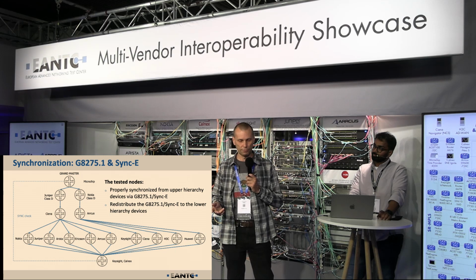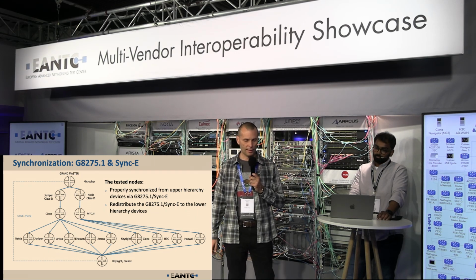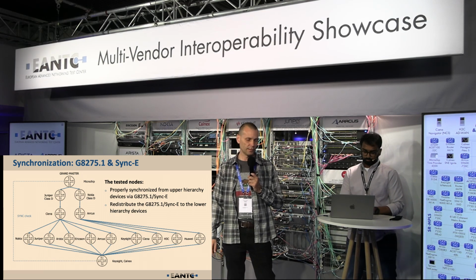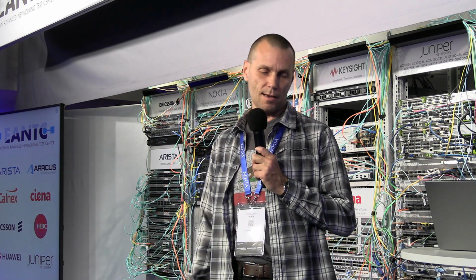They are, of course, configured in the same way as a boundary clock. And then the list of vendor nodes like Nokia, Juniper, Arista, Ericsson, Arrcus, Keysight, Ciena, H3C, and Huawei, who participated in this test, are the nodes as a PE device connected to the ORU in the 5G network.